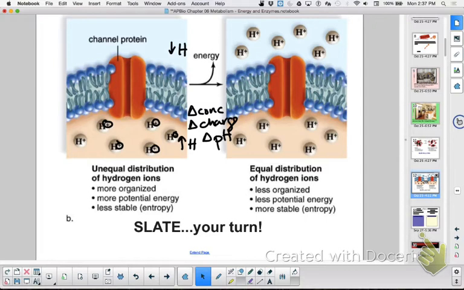Like people wanting to go into Disneyland when it opens, they're super motivated. When you go through that turnstile, that snaps a phosphate onto ADP, making ATP. So you've coupled that chemiosmotic gradient with the synthesis of ATP.